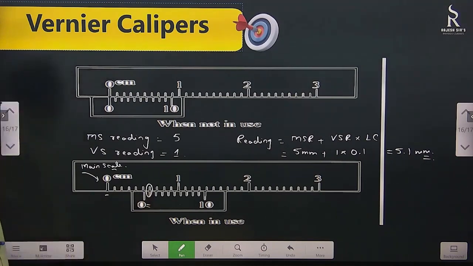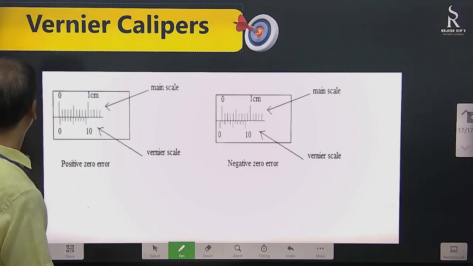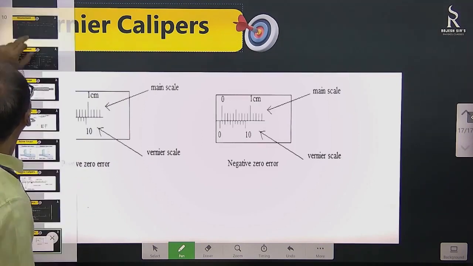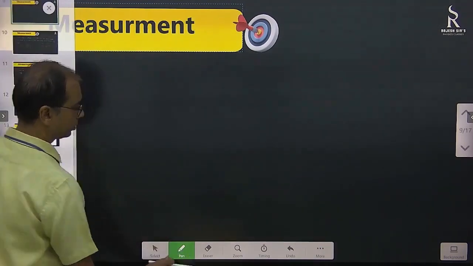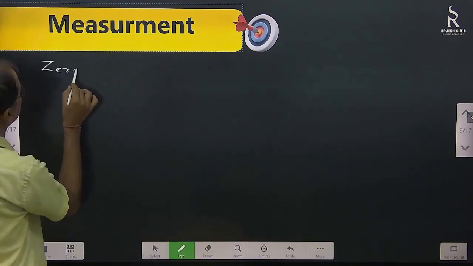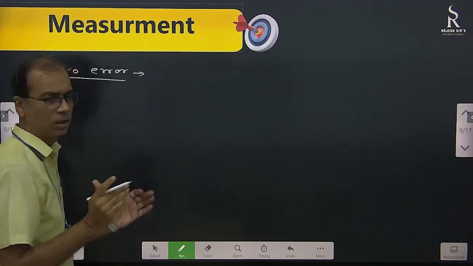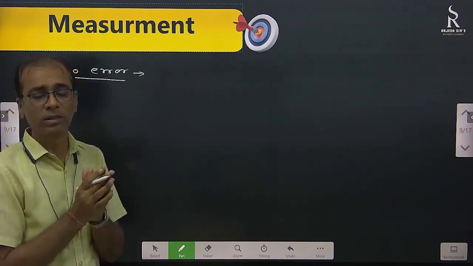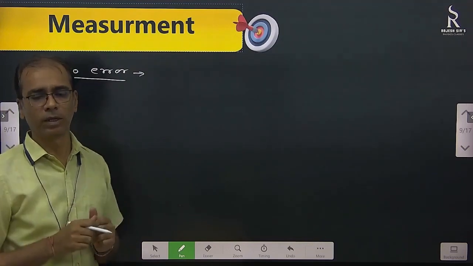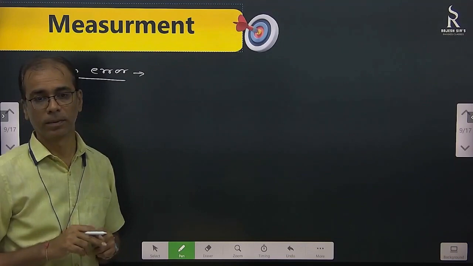Note this first. This is related to zero error. We talk about zero error now. What is zero error? Zero error, as the name suggests: when you are not using the Vernier calipers and both jaws are together, sometimes, because of overuse, the zero of both scales do not coincide.